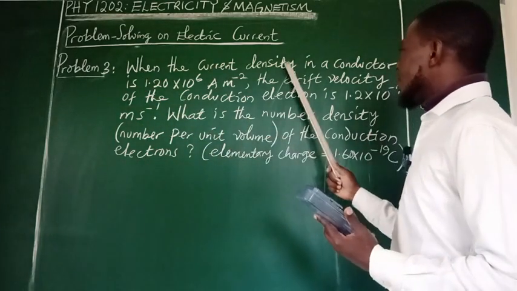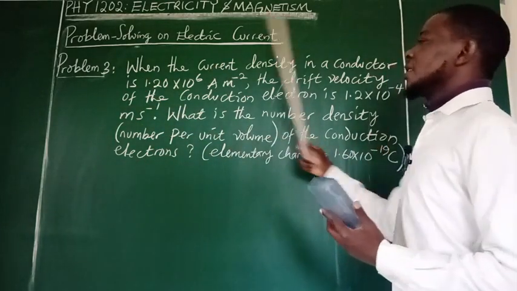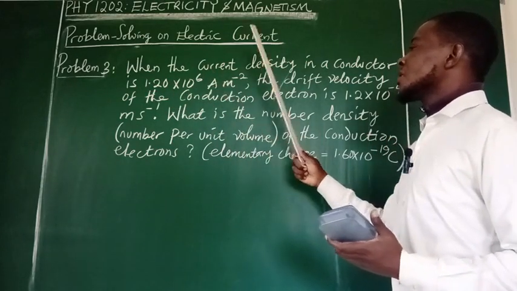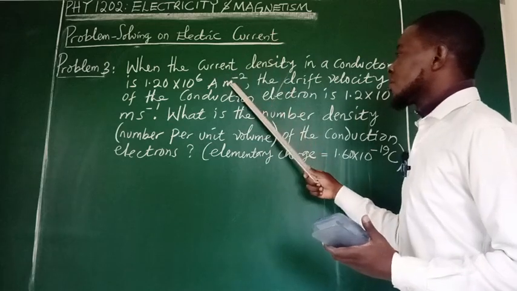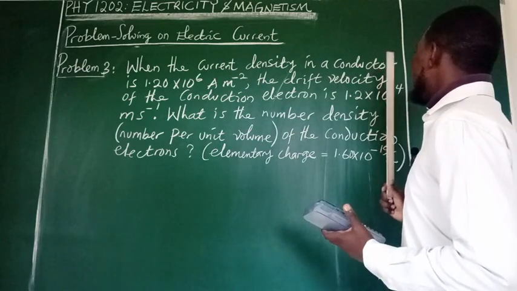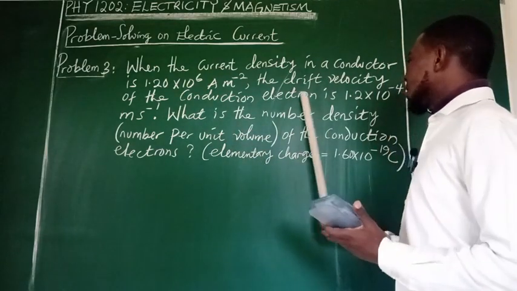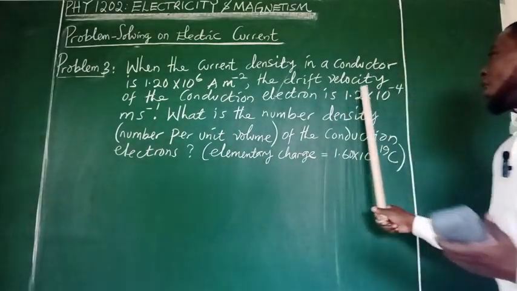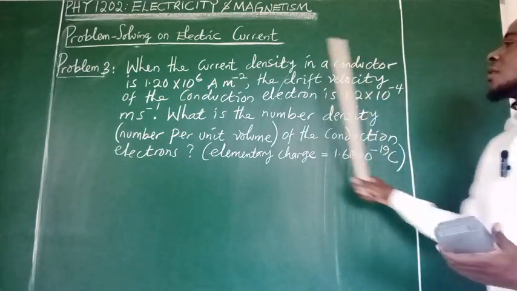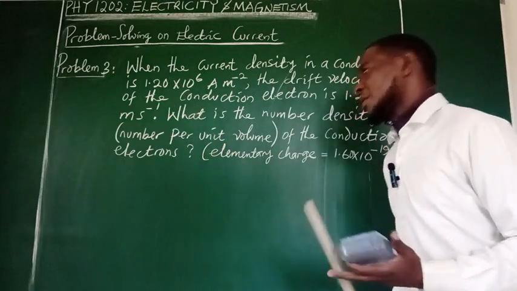When the current density in a conductor is 1.20 times 10 raised to the power of 6 amperes per square meter, the drift velocity of the conduction electron is 1.2 times 10 raised to the power of minus 6 meters per second.